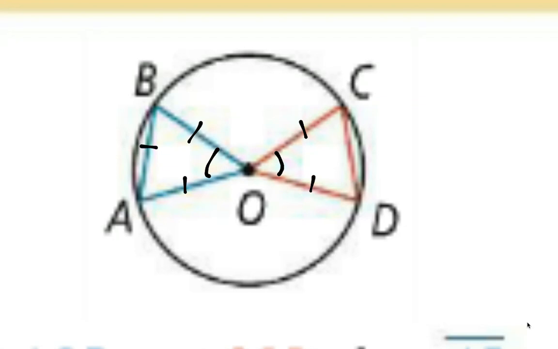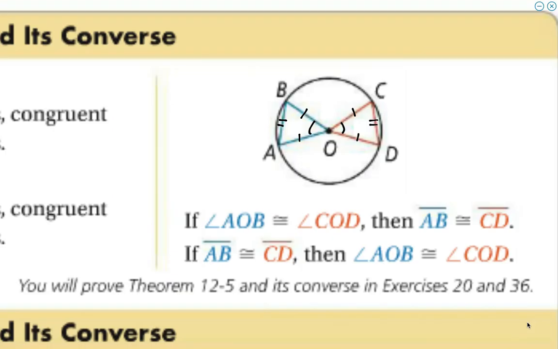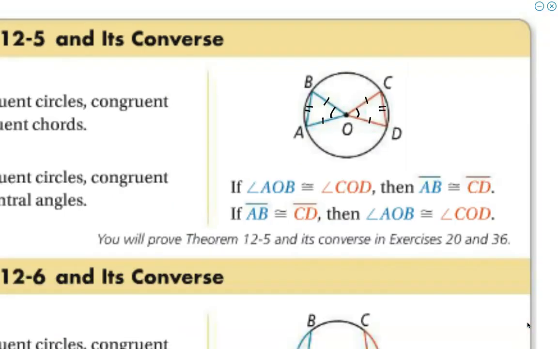So now we're saying that these chords that are the base of those isosceles triangles are going to be congruent. So one more time, if angle AOB is congruent to angle COD, then the chords AB and CD are congruent.